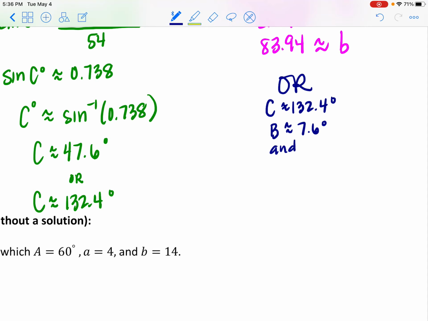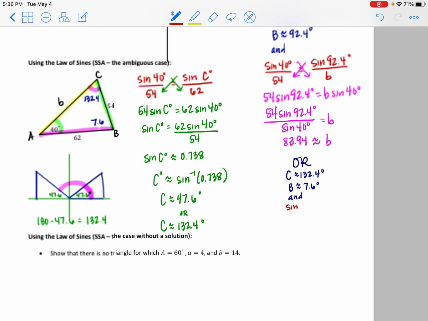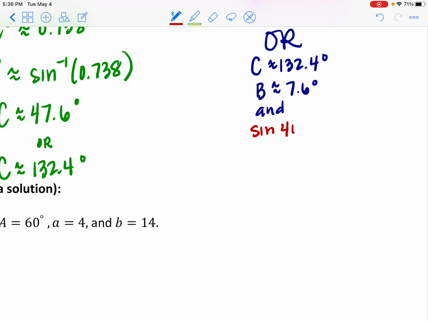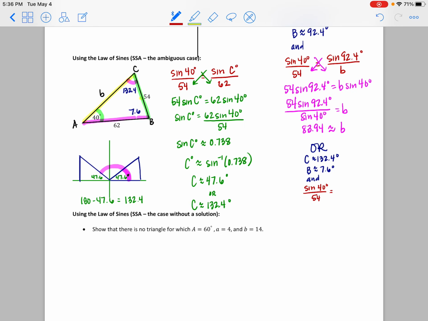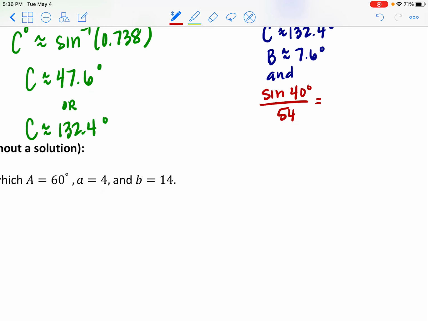And we can write a proportion. We would say, just like before, the sine of 40 over 54 is going to equal, this time, the sine of 7.6 degrees over b.